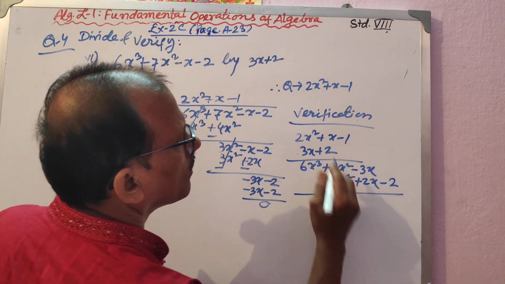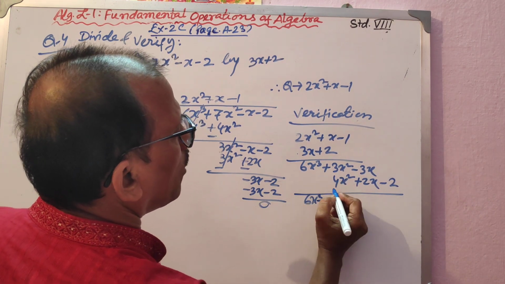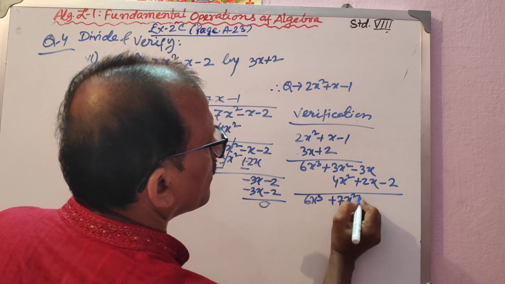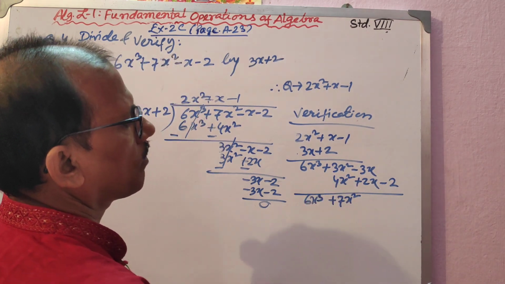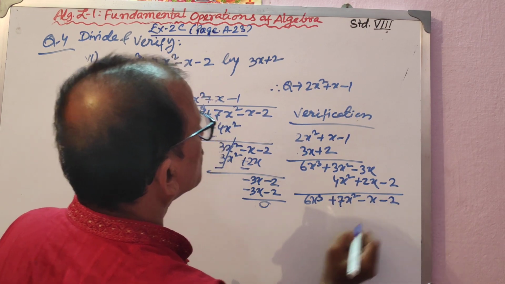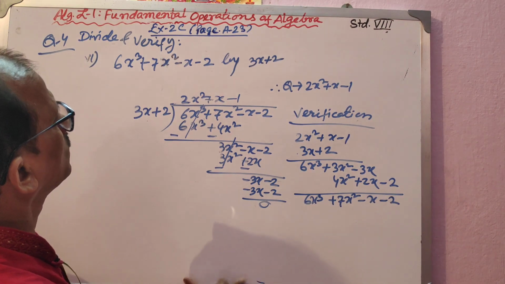Okay, now do the addition operation. You need to do 6x cube. Now here is plus, so plus 7x square, 3x square plus 4x square is 7x square, this one minus x minus 2.